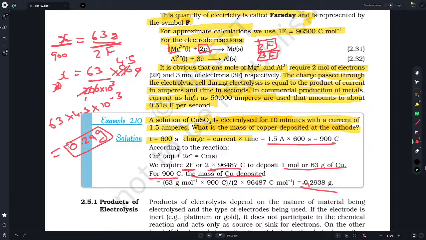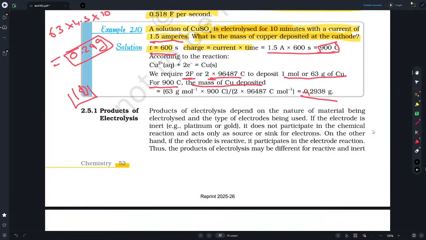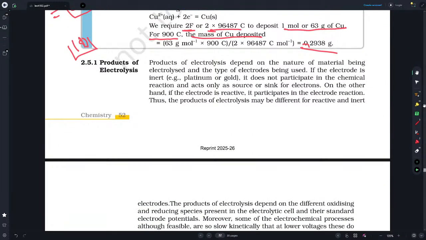This is the amount of copper from a copper sulfate solution which is deposited on the cathode when we supply a current of 1.5 amperes for a time of 600 seconds, and the charge we calculate is 900 coulombs. Now let's continue reading.